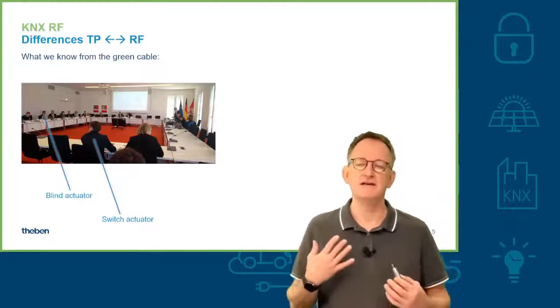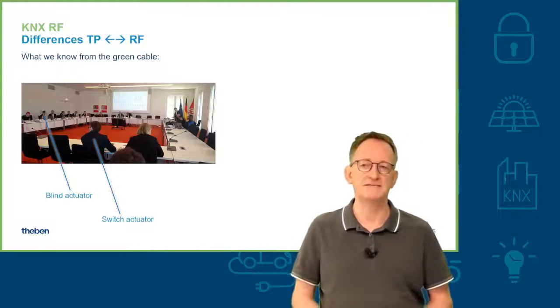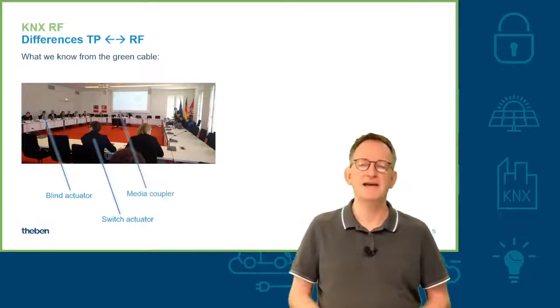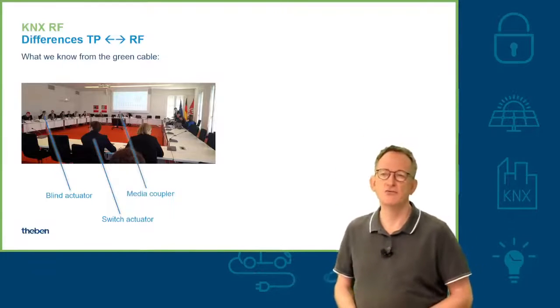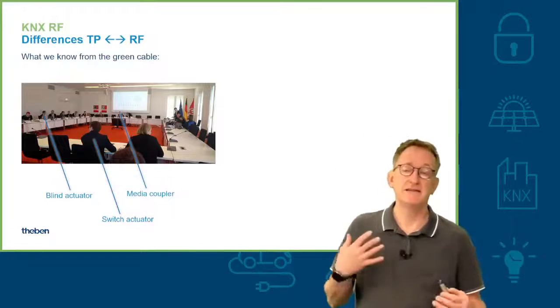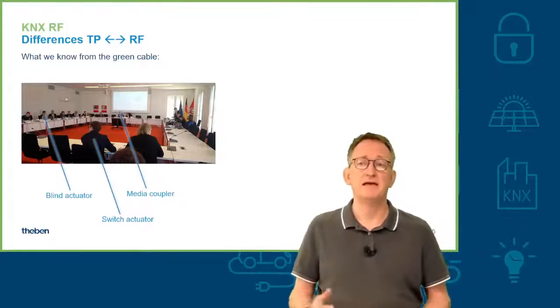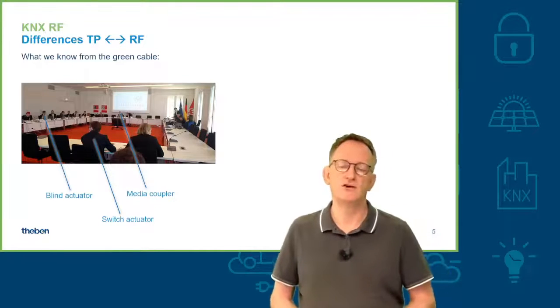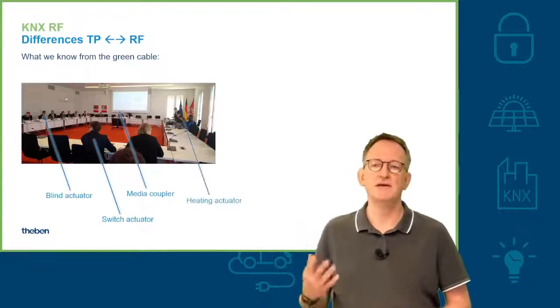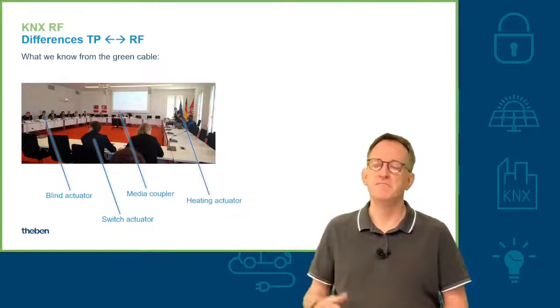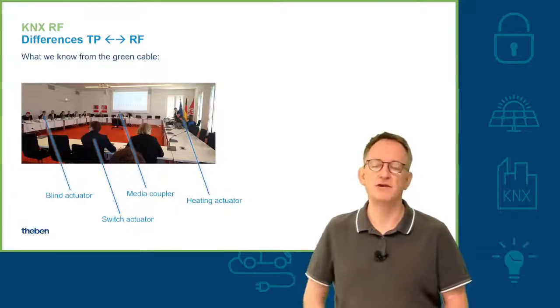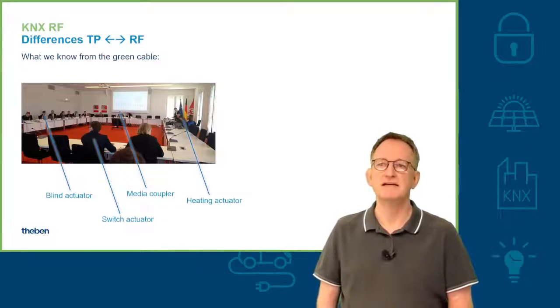We have a very solid, very robust communication. All the others in that room are quiet, listening, but not disturbing that communication. So that is a very robust and reliable communication, which is what we typically have on the green cable.